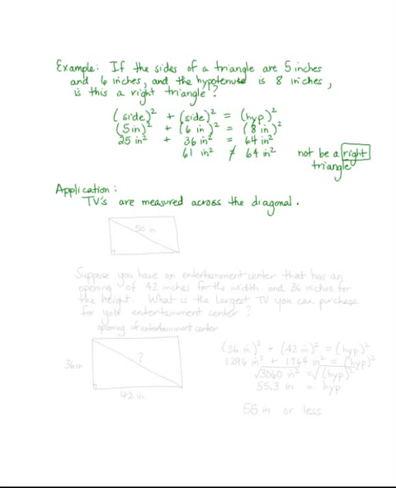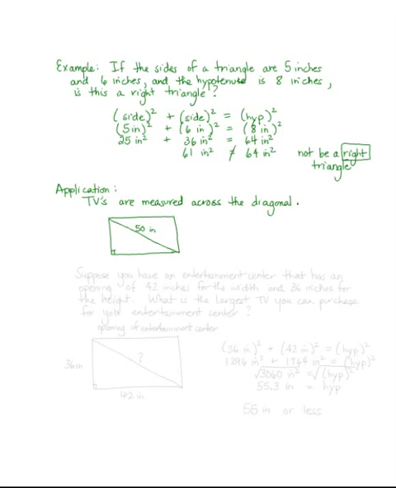In other words, if you were to go buy a 50-inch television, the 50 inches is the measurement across the diagonal from one corner to another. A 50-inch TV has a diagonal measure of 50 inches.